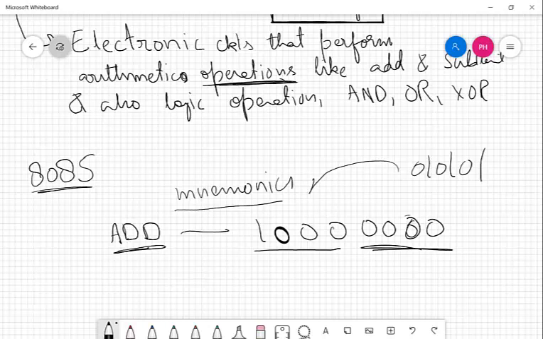But if we move to some other microprocessor, the instructions may change, these mnemonics may change. For example, for addition in the 8085 we have the mnemonic ADD, but in some other microprocessor, for the same operation, we might have a different mnemonic for addition.